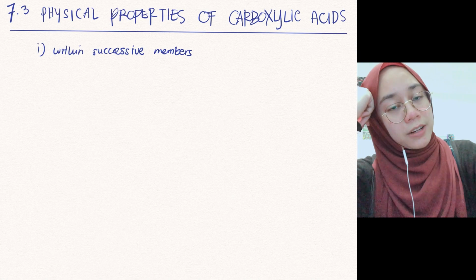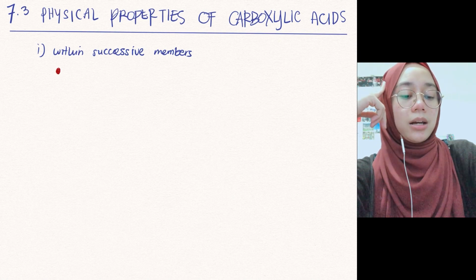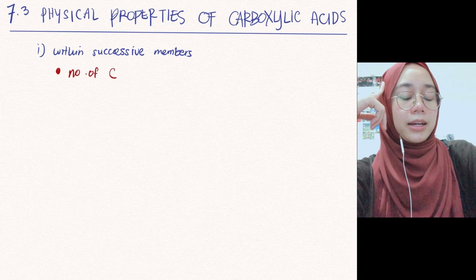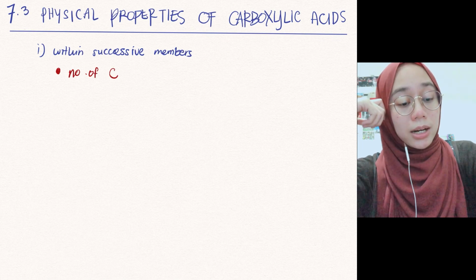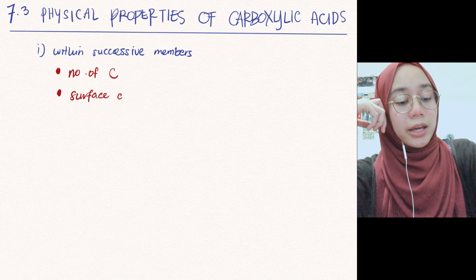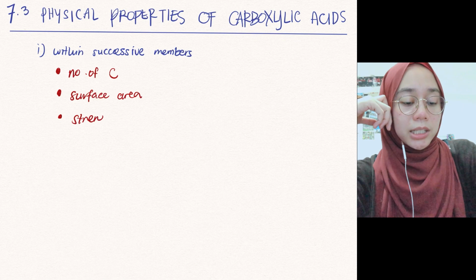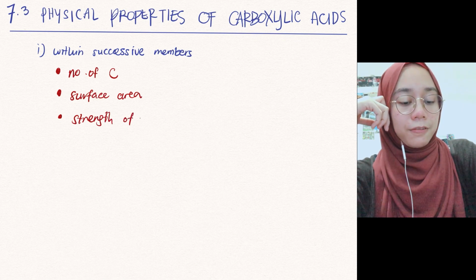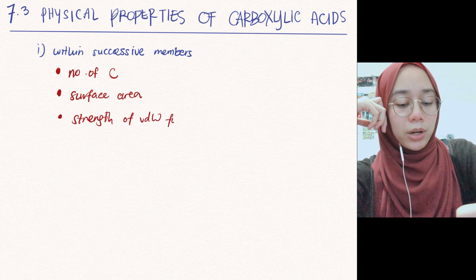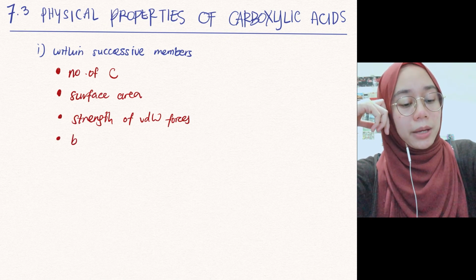Okay, so first point yang kita kena tengok kat sini adalah pasal number of carbon. Okay, and then second point pula kita akan tengok pasal surface area. Okay, and then lepas surface area pula kita tengok in terms of strength of van der Waals forces between the molecules, and then barulah kita relatekan dengan boiling point.